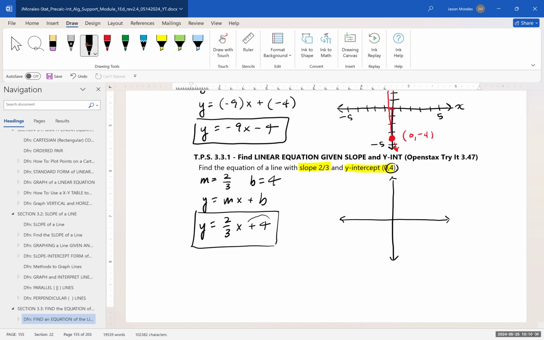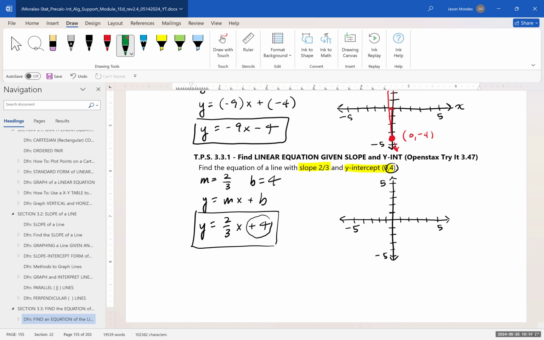So I know that the y-intercept is +4, so I think I can get away with just going to 5 on each side of 0, like that.